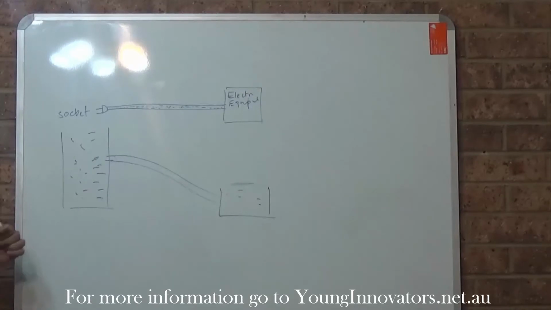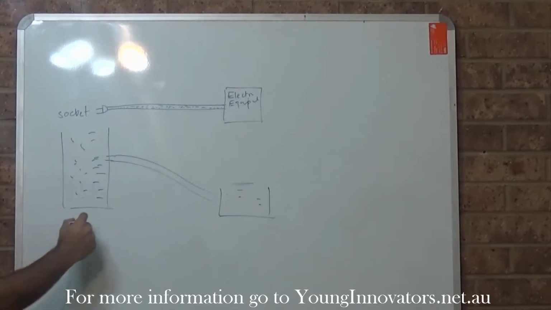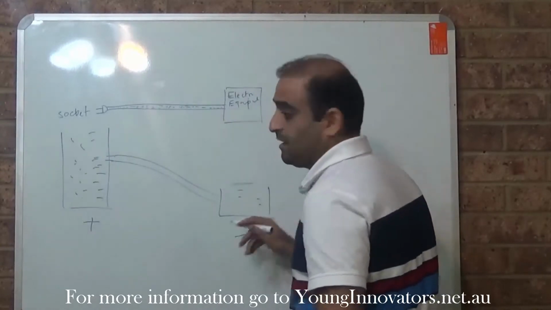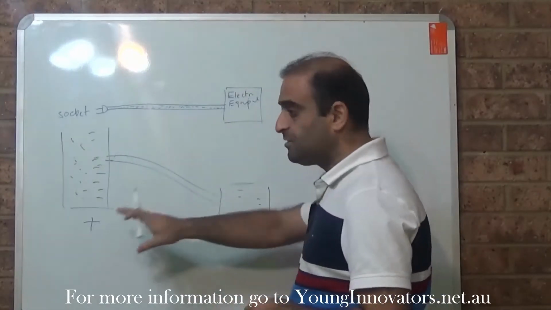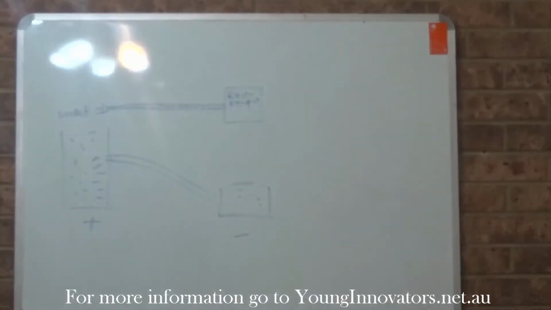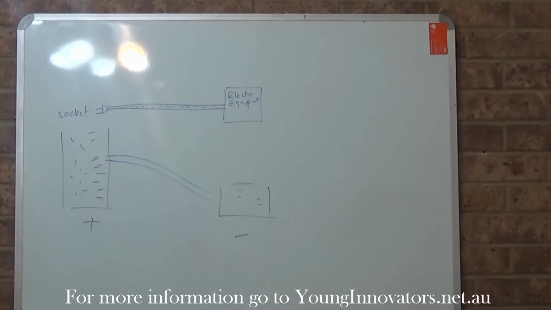In electrical terms, the bigger bucket is called the plus sign, and the smaller bucket, think of it as the minus sign. So electricity always flows from the plus sign to the minus sign. Plus is the high, big bucket, and minus is the small bucket.